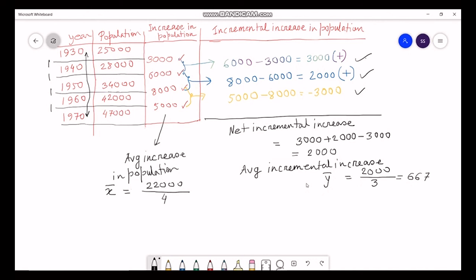So dividing 22,000 by 4 decades, we get x bar equals, that is the average increase in population was 5,500.